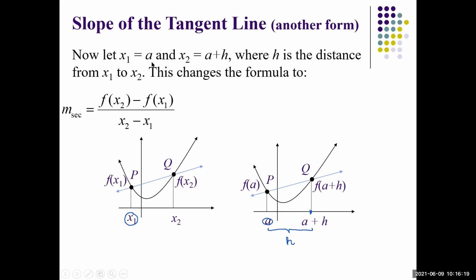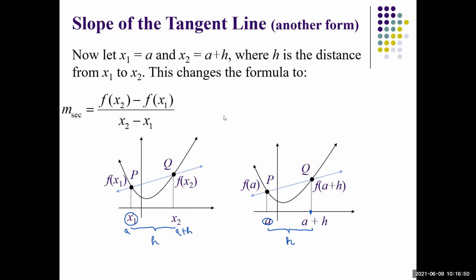Let x1 be a and x2 be a plus h, where h is really the distance between x1 and x2. If this is a, then this is a plus h on this side, and a plus h gives you x2.